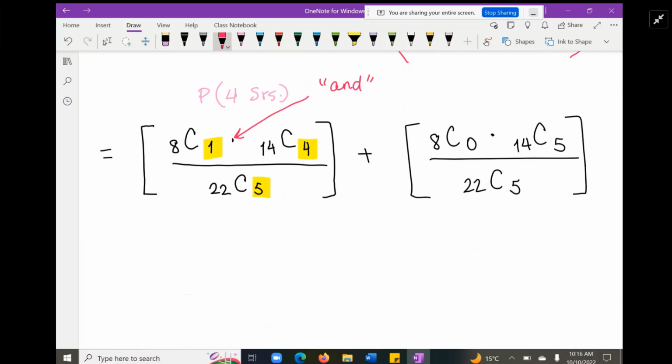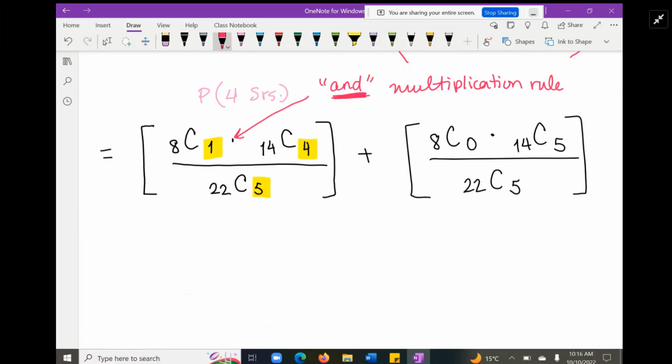Not at all, because we want 5 members. So 4 plus 1, we get 5. So we are looking at this as an and situation, and thus we use the multiplication rule. This is going a little bit beyond probability at that point, because it's just looking at the top, but you can see that that's where that thinking comes from.